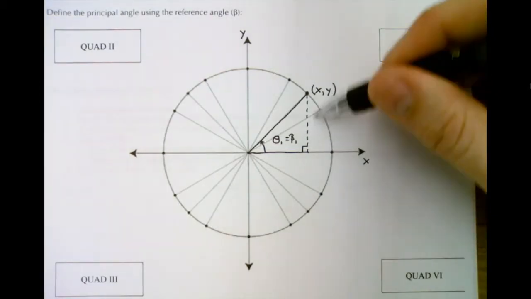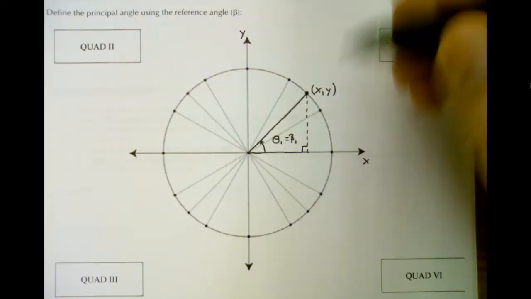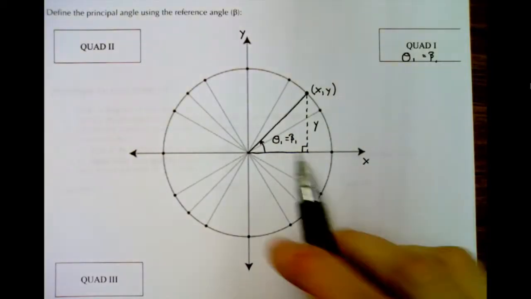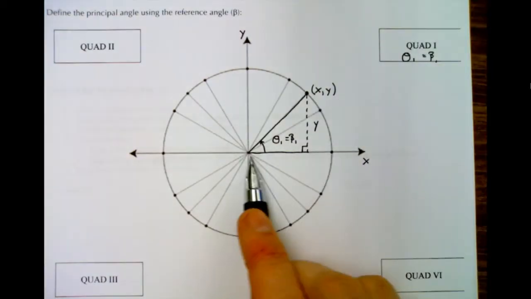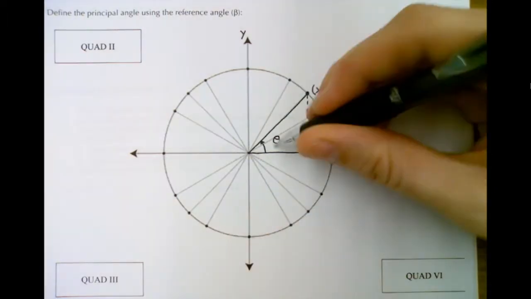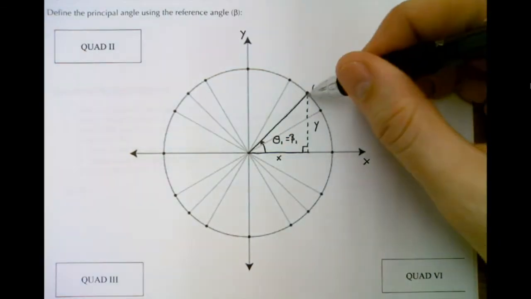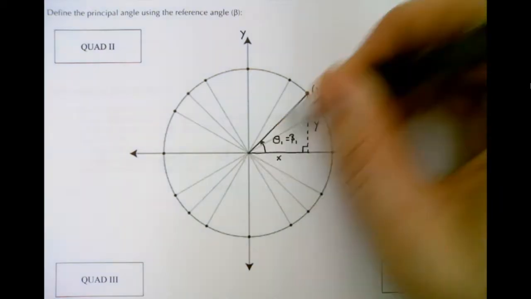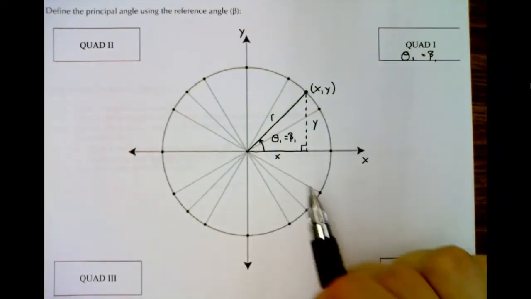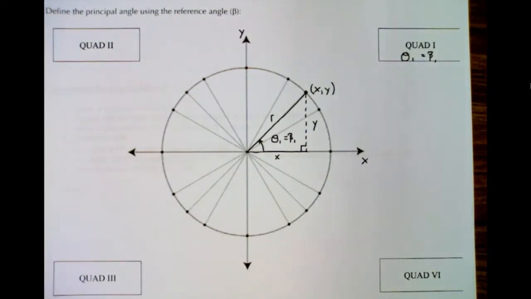The y would be how vertical it is from the x-axis, so this side of our triangle would be y. The x of this point would be how far from the origin we are horizontally, which would make this side of the triangle x. And the hypotenuse of the triangle is actually the radius of our circle. So we have an x, a y, and an r side of our triangle on the Cartesian plane.